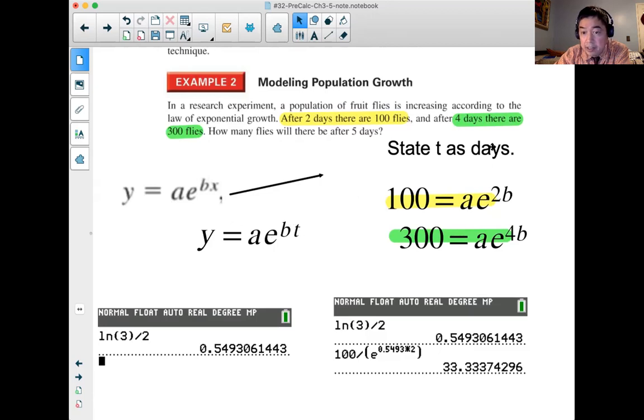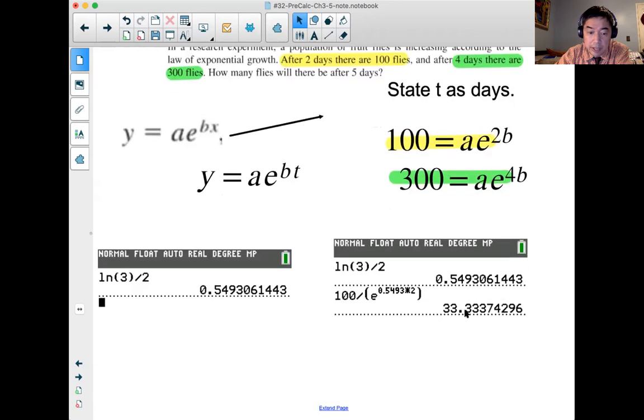So state T as days, the days we count for the research experiment. So if it's the second day, you plug in 2, and we know it's 100 flies. And 300 flies for 4 days. So far it's okay. That's the first step you have to do.